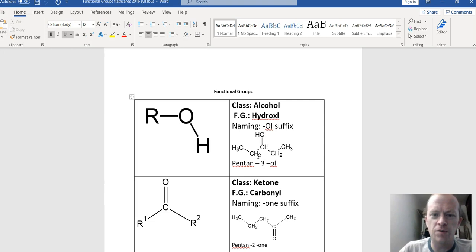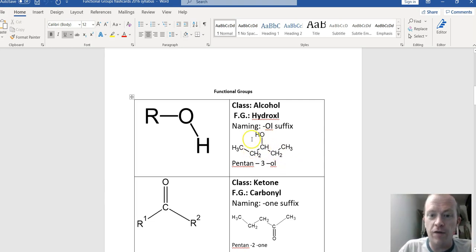As with all functional groups, in naming we want to start by finding the longest chain of carbon atoms, and then say exactly where this functional group is, and with most functional groups, they're named with a suffix. In the example here, 1, 2, 3, 4, 5, the longest number of carbon atoms that we can get is 5.